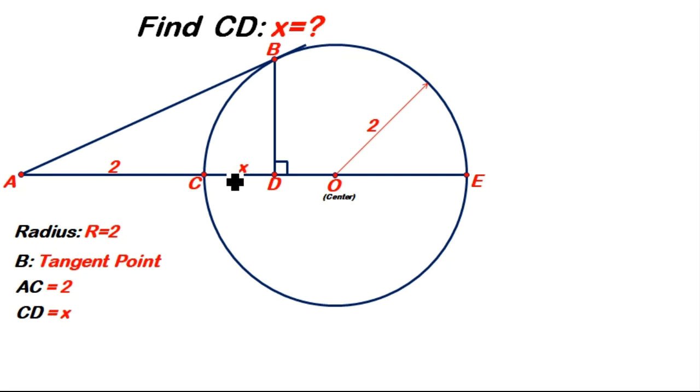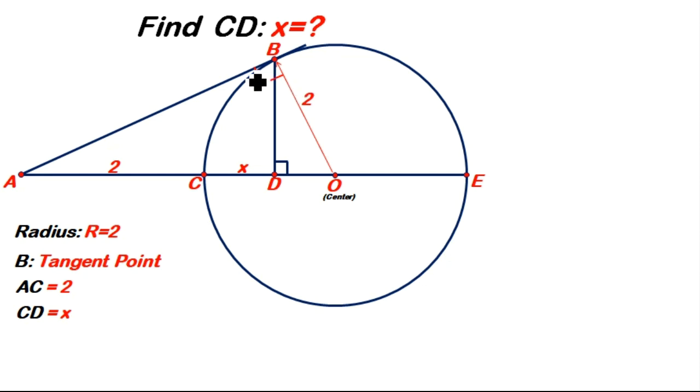So let us first of all start by joining the point from the center O to point B. If we do so, we have this triangle. So the first thing you have to know is that you've been told AB is a tangent. So that implies the length AB is a tangent and OB is the radius.